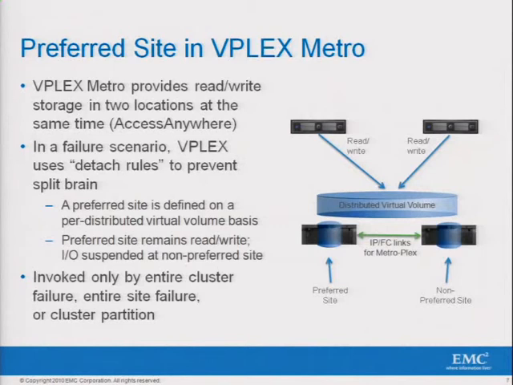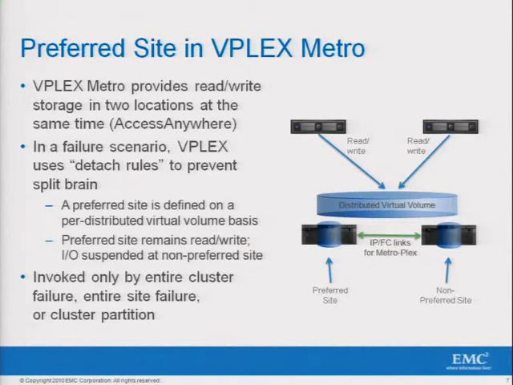One of the key things that vPlex does in its metro configuration is it allows you to take a virtual volume and stretch that virtual volume across two clusters in a metroplex to create a metro distributed virtual volume. Now, what that metro distributed virtual volume actually is, it is a read-write, fully active volume that can be accessed simultaneously on both sides.